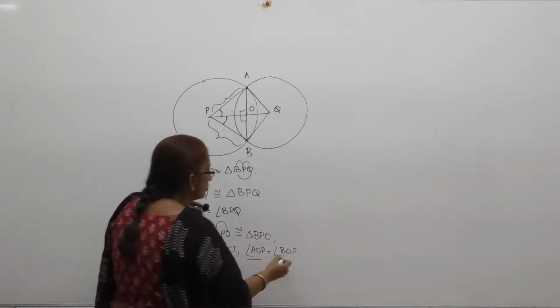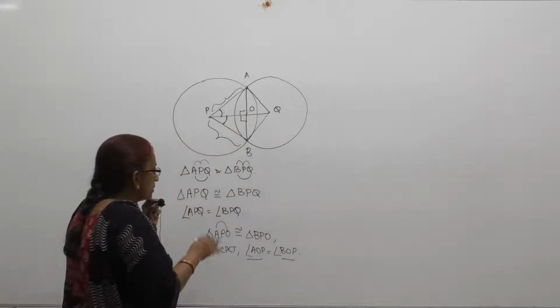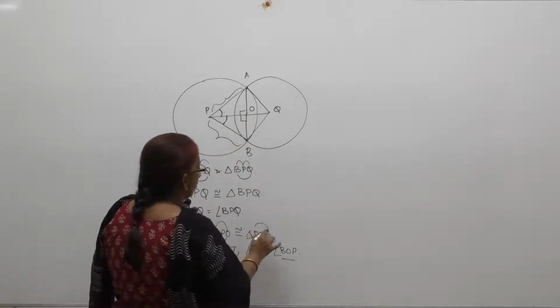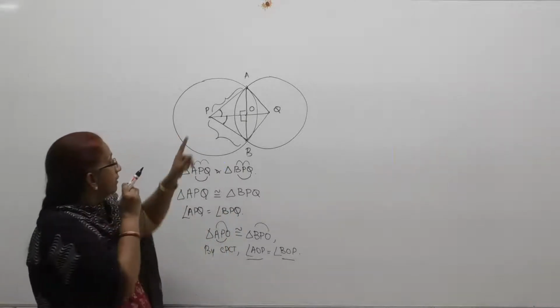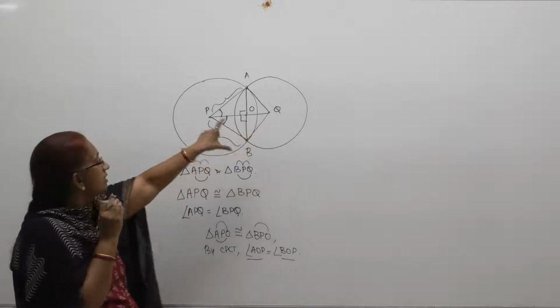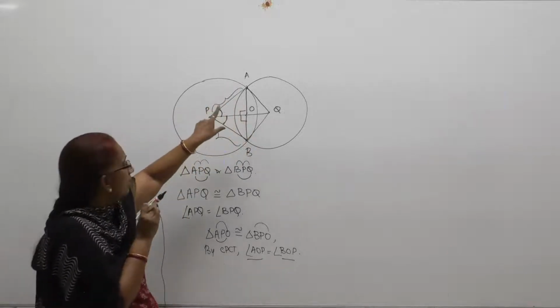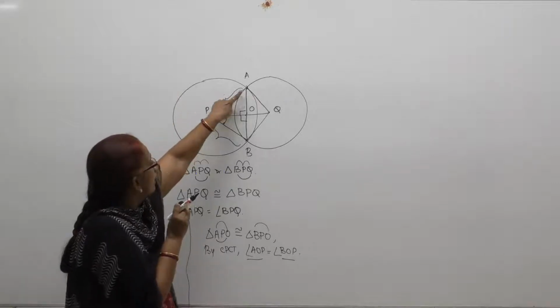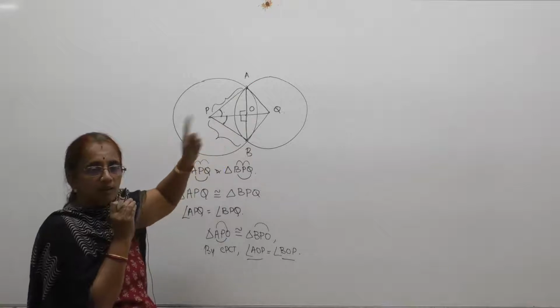But since the two angles are equal, each of these will be equal to 90 degrees. Also by CPCT, you can say that AO equals BO. So in order to prove that PQ is a perpendicular bisector of AB, you need to prove that AO and BO are equal. You should also prove that angle AOP equals angle BOP equals 90 degrees. Both are to be proved.